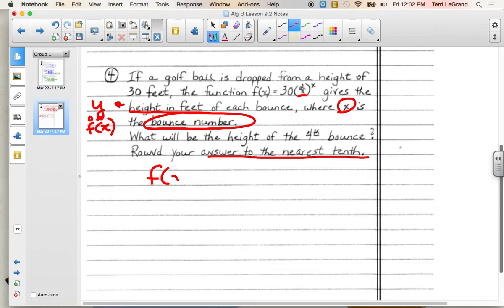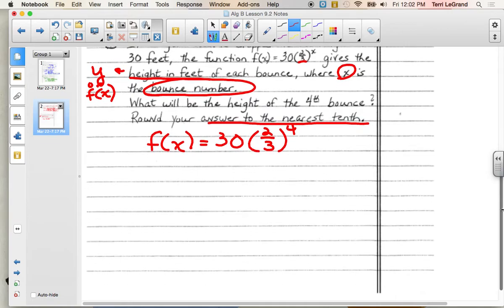So f of x equals 30, and we're not going to do this with our fraction key in our calculator. I'm going to show you how we're going to do this without that, so that we all get the same rounded answer when we're done. 30 times 2/3 to the fourth power really means 2 to the fourth power over 3 to the fourth power.